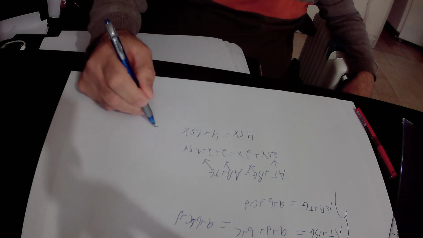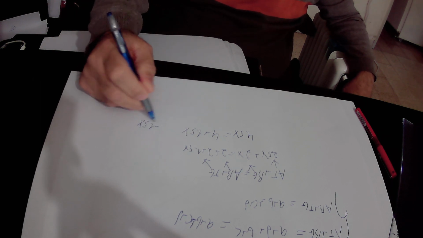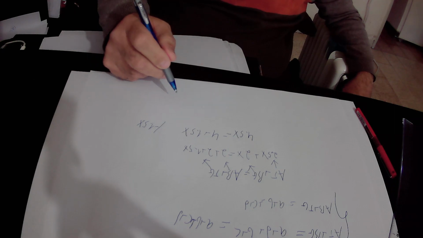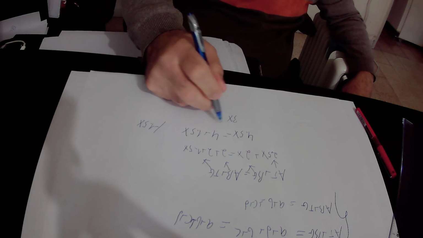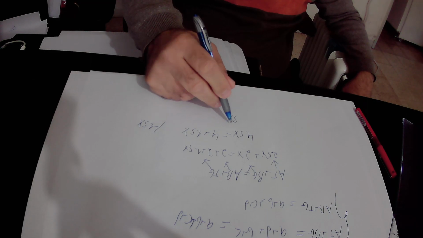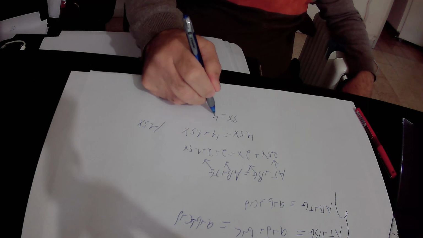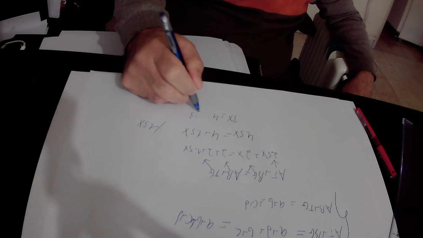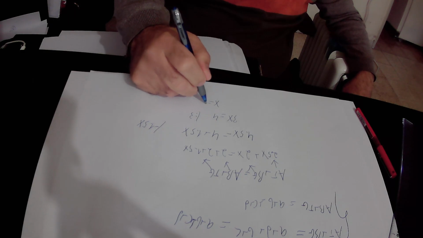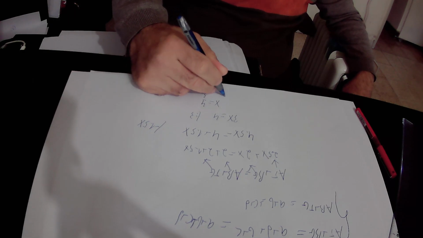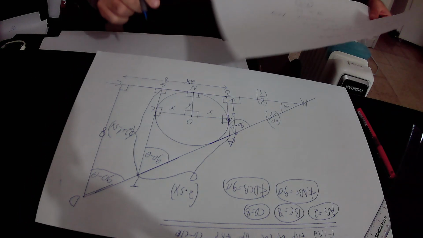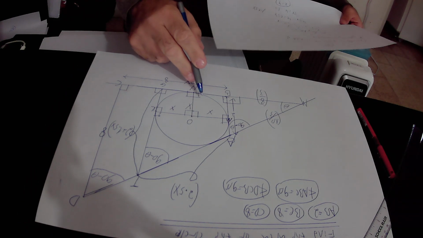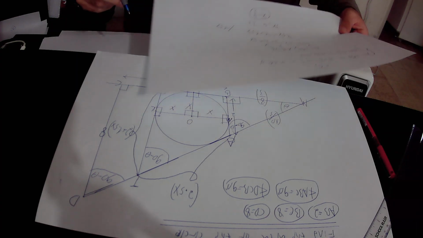Here we subtract 1.5x from this equation, and finally we get that 4.5x minus 1.5x is equal to 3x, and 3x equals 4. Here we'll divide this equation by 3, and finally we get that x equals 4 over 3 units. That is to say, the radius of this circle, x, equals 4 over 3 units.